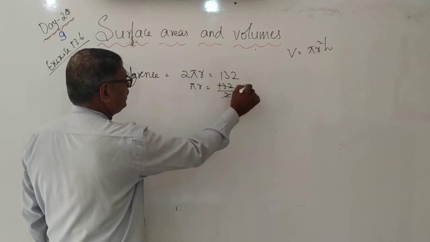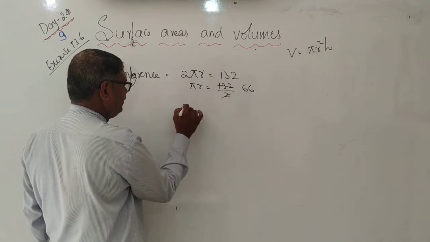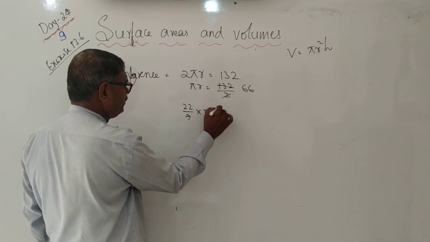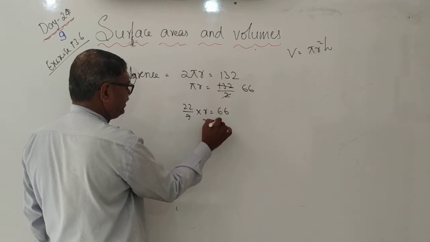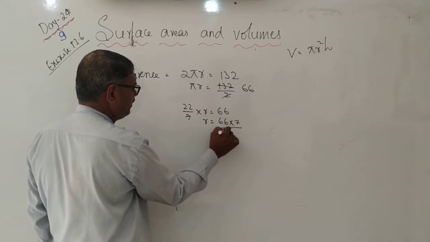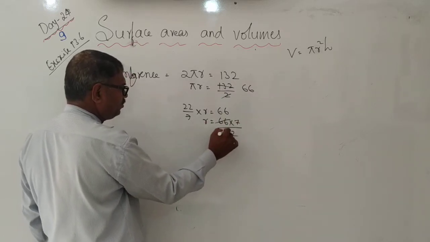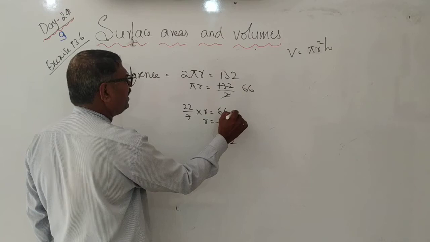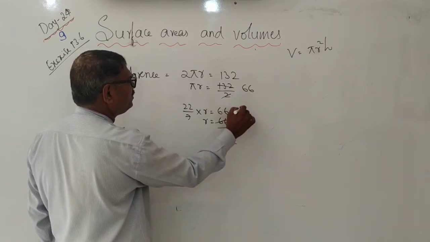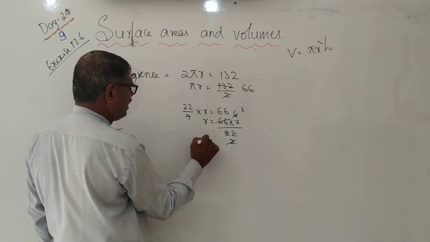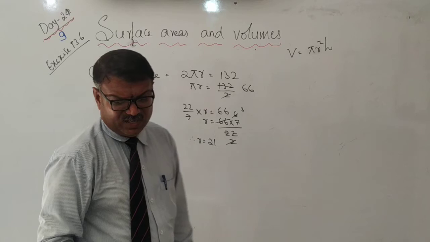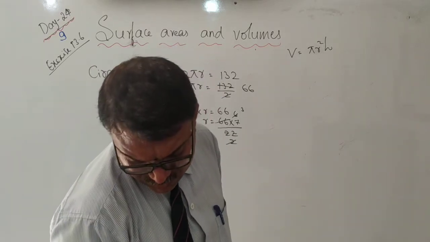Pi means 22 by 7, into r is equal to 66. R is equal to 66 into 7 divided by 22. Therefore r is equal to 21 centimeters. What has he given, centimeter or meter?